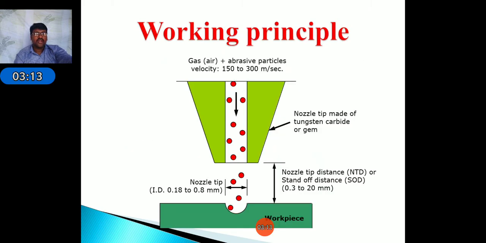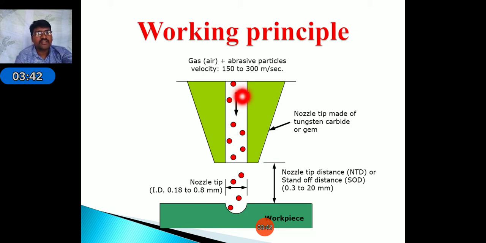Next, here is the diagrammatic representation of abrasive jet machining. First, we have the nozzle, indicated in green color, and in the middle portion of this nozzle there is a small hole. Through this hole, the mixture of gas and abrasive particles passes through the nozzle.